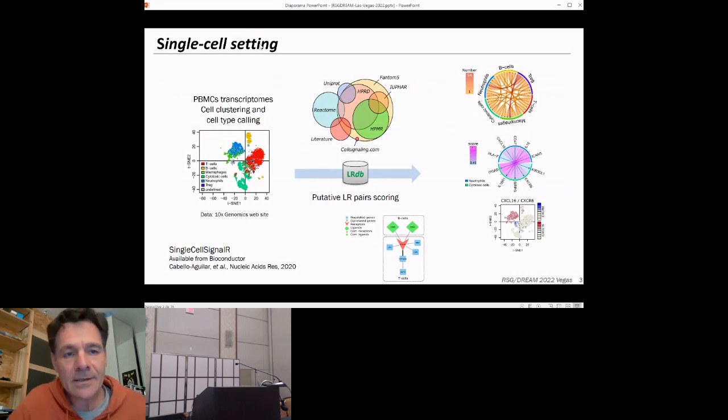If you are in a single-cell setting, the problem of inferring the ligand-receptor interaction is relatively simple.